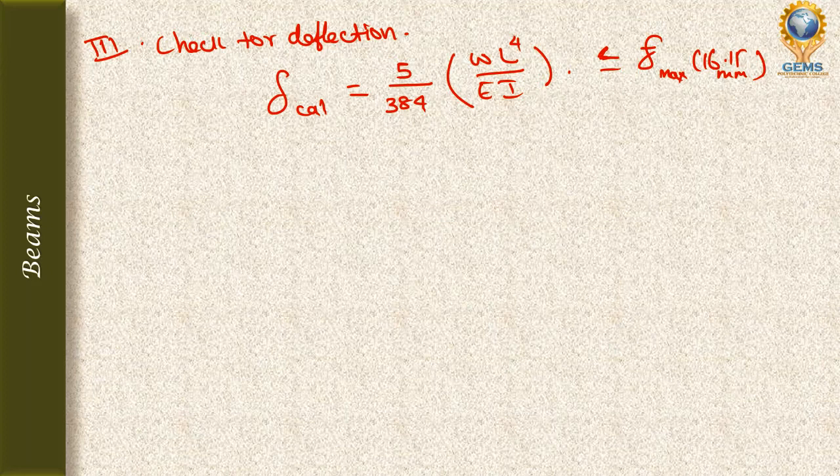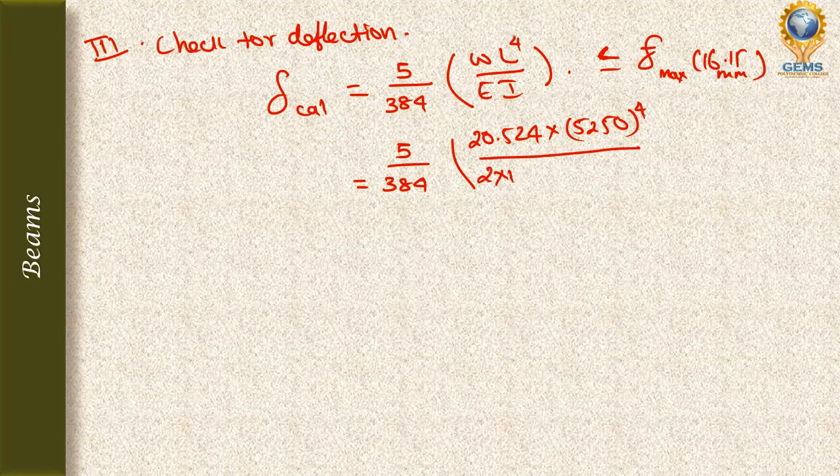We know W, we know L, and E is 2 into 10 to the power 5, and I is given in the question. So we substitute every value: 5 by 384, W is 20.524, into L, which is 5.25 meter, converted into mm, to the power 4, by E, which is 2 into 10 to the power 5, into I, which is 13630.6 into 10 to the power 4.